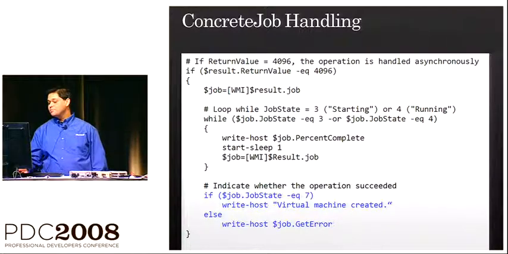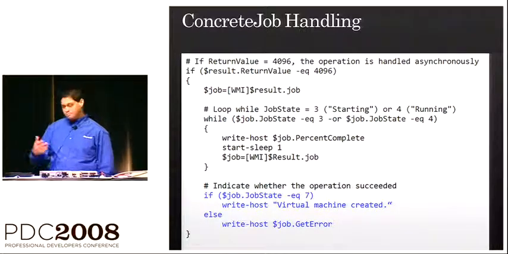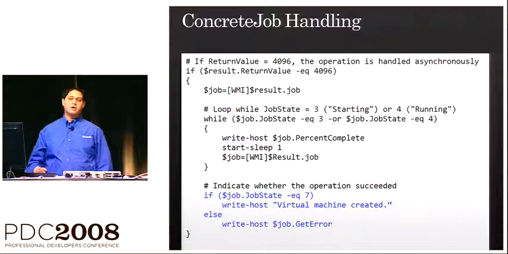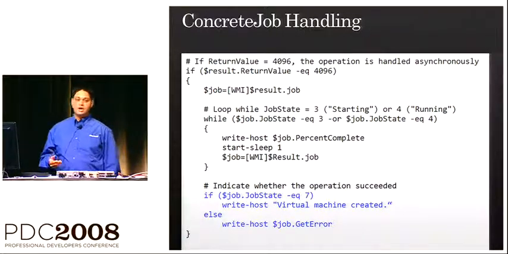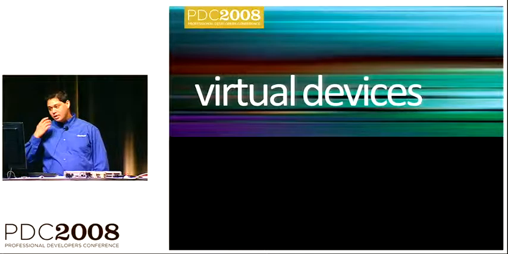So if it equals 7, that means success. The virtual machine was actually created. If it equals anything else, that means there was some sort of an error, and you can call this getError API in order to get rich error information about what went wrong.